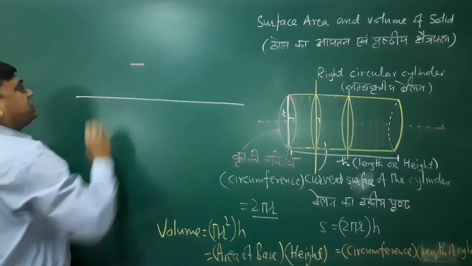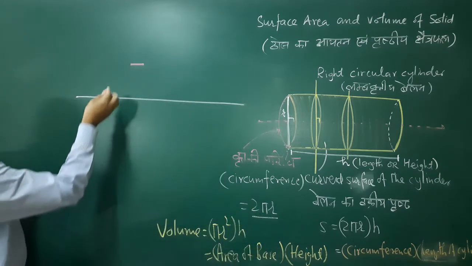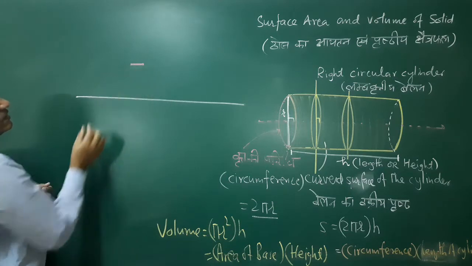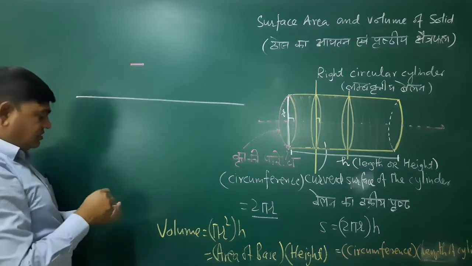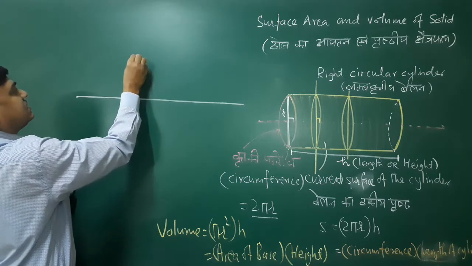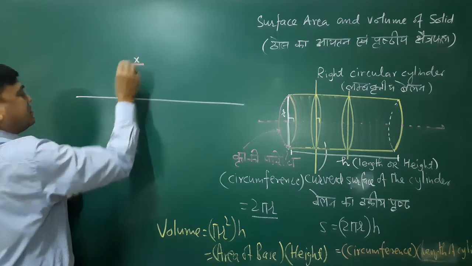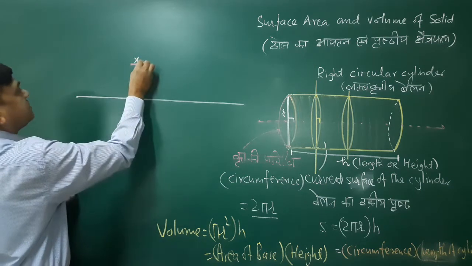Line segment, रेखाखंड. Now this bar, that means this small piece which is horizontal, of length x, for example, its length is x.